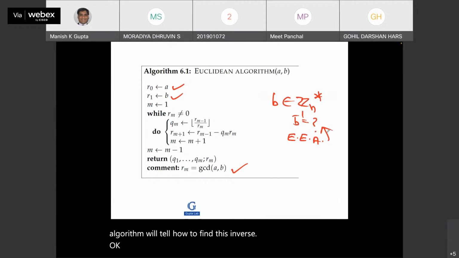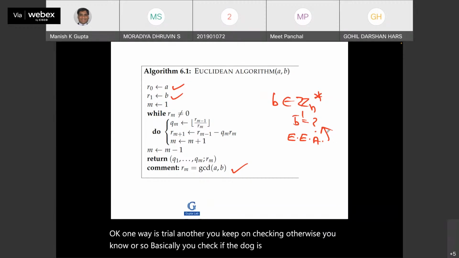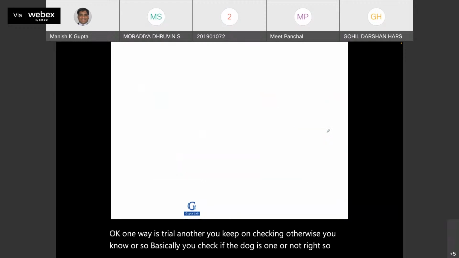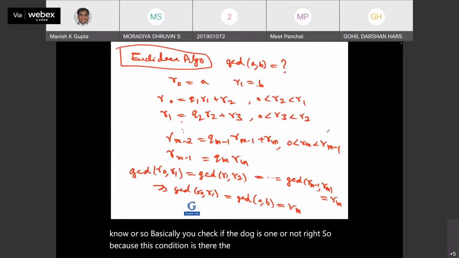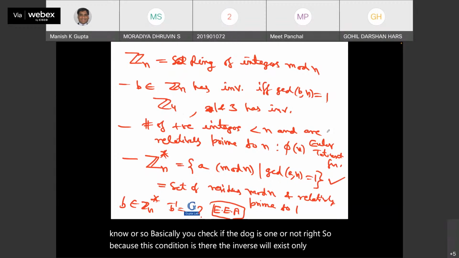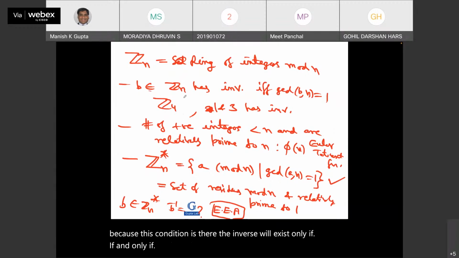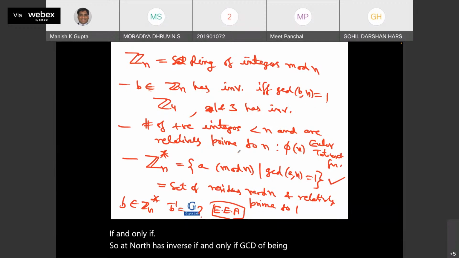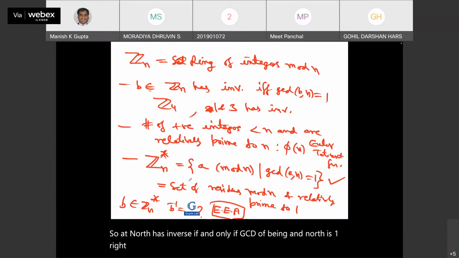One way is trial and error, you keep on checking, or basically you check if the GCD is 1 or not, because the inverse will exist if and only if. So b in Zn has an inverse if and only if the GCD of b and n is 1, right? So basically, if there is an element b here, how do we find the inverse? This is an important thing.